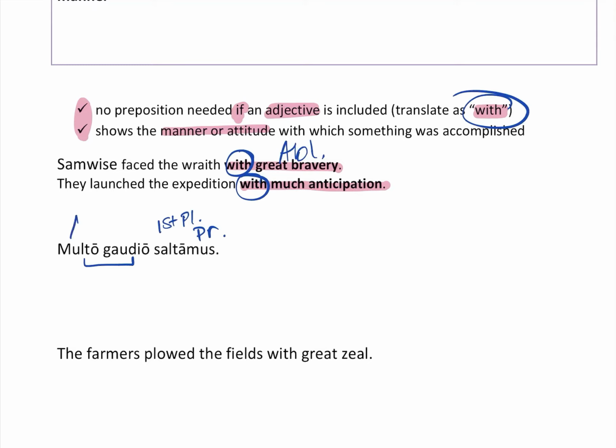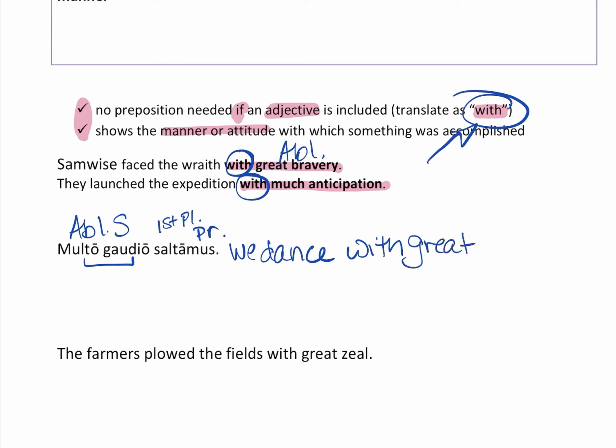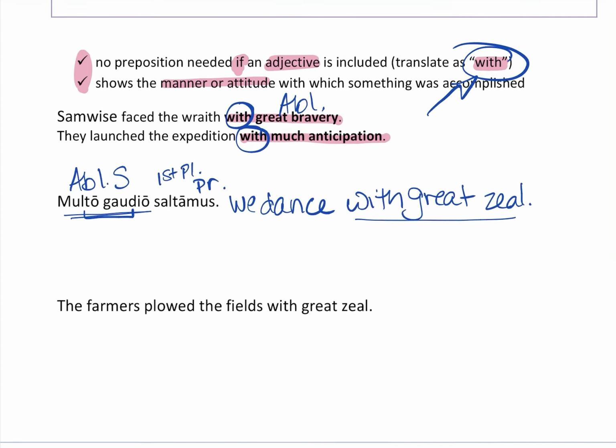There's also no accusative in here. And plus I've told you that we're doing ablative, so it's ablative singular. So we dance, again, with the with, multo, so you know, means great. And then gaudio is a new word, with great zeal. What was their attitude? Zeal. So we took these two words here and we turned it into three because remember our with is understood.